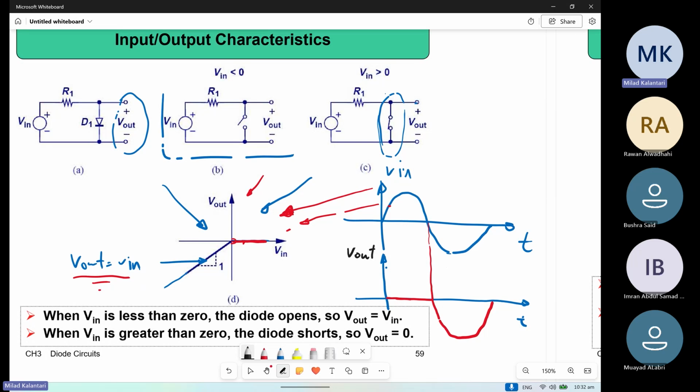Without going to that region, there is some other problem with this. The output looks okay, but can you see any problem? Yes, the problem is the current.